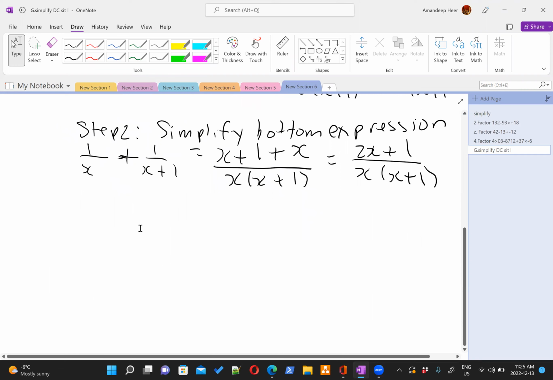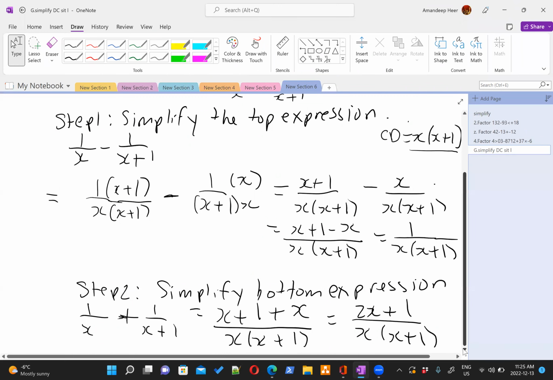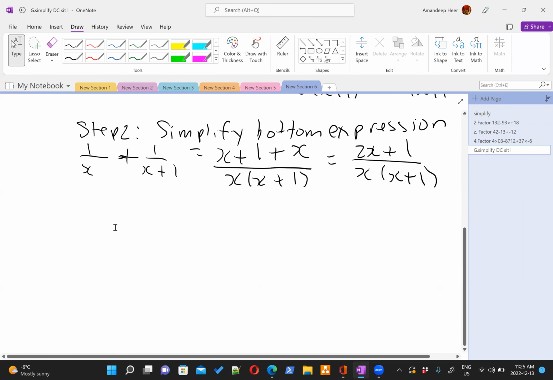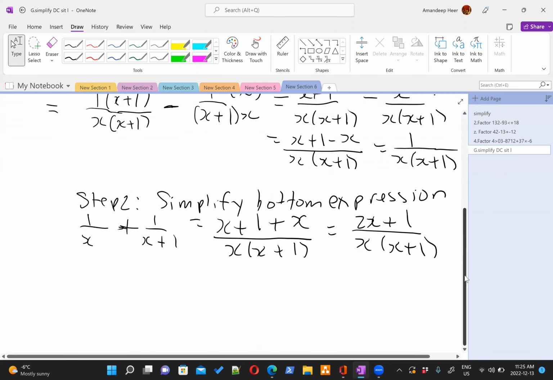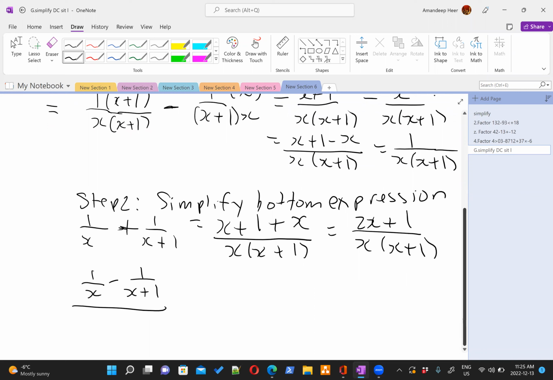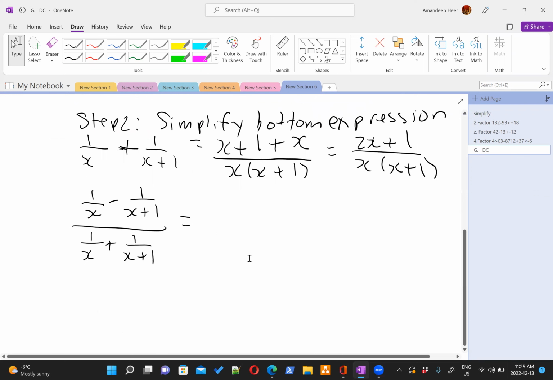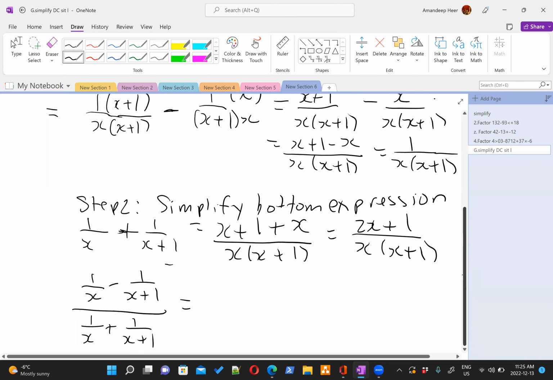You take the original expression, 1 over x minus 1 over x plus 1, divided by 1 over x plus 1 plus 1 over x, and you just replace those expressions with the simplified ones.